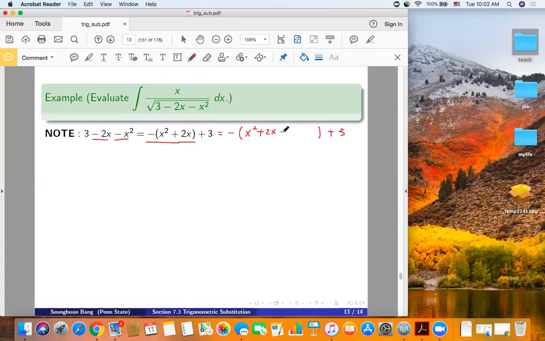You have to add some number and subtract the same number. How can you decide these numbers? I do it like this: take the coefficient of x, always divide by 2, then square this result. Exactly, 1 squared equals 1. So you add 1 and subtract 1. This is the idea we call completing the square.